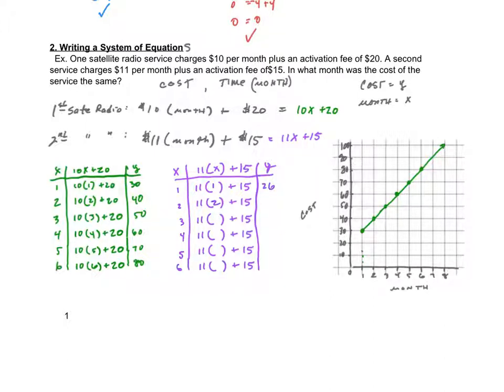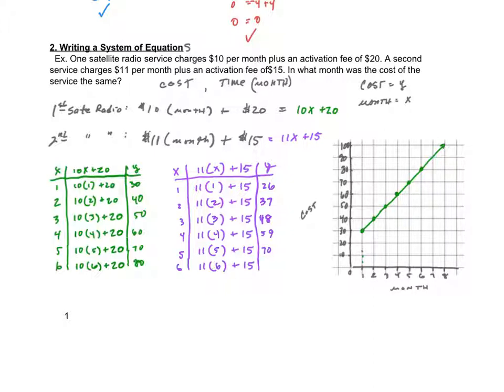Then the second month, 11 times 2, which is 22, plus 15 is going to be 37. The third month, 11 times 3 plus 15 is going to be 48. Continuing on, 11 times 4 months is going to be 44 plus 15, which is 59. 11 times 5 is going to be 55 plus 15, which will give us 70.